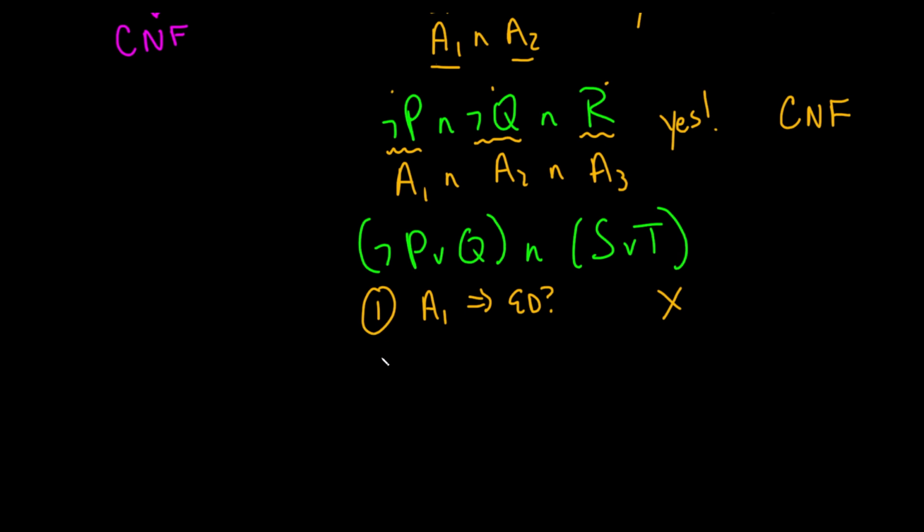The other question we can ask ourselves is, well, let's take a look at the structure of this formula. One thing to note is that it is a conjunction, and it's a conjunction of two different formulas. So we can look at it as A sub 1, which is the left conjunct here, and A sub 2, which is the right conjunct there.